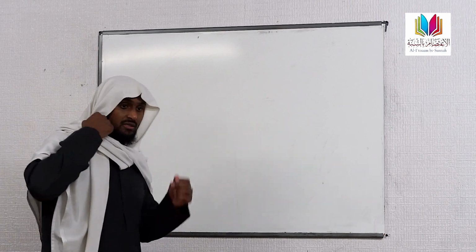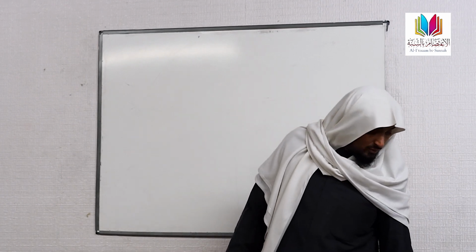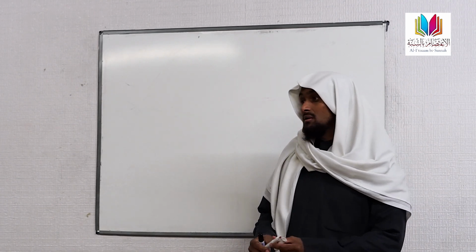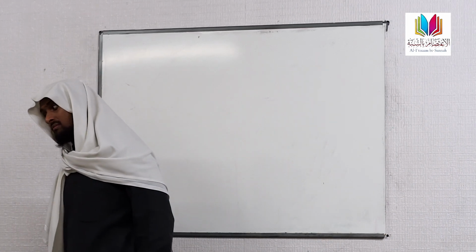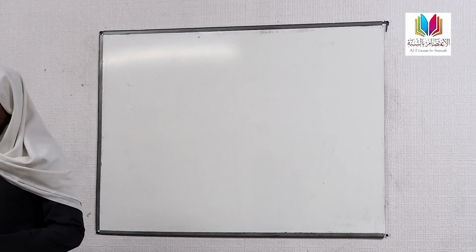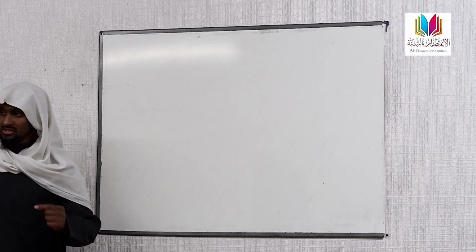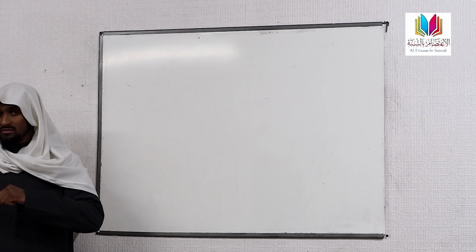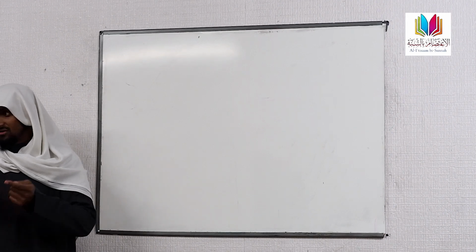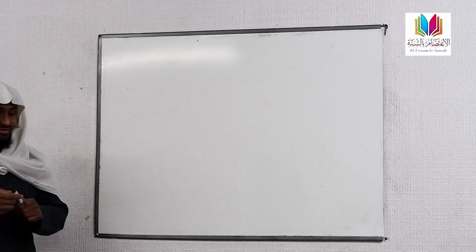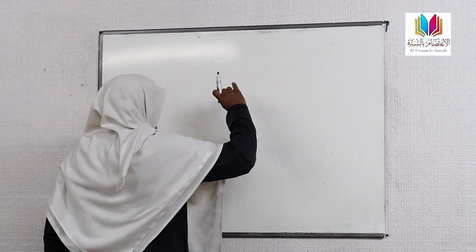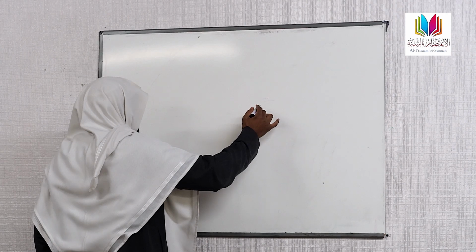So last week the topic that we stopped off at was what? Awl. What is awl? When the asl mas'ala is larger, or the other way around, the portions are more than the asl mas'ala.